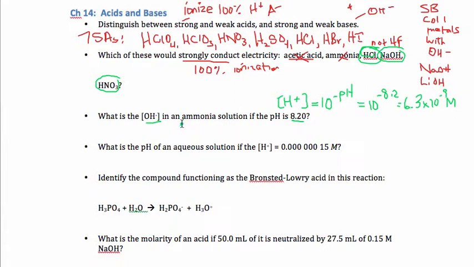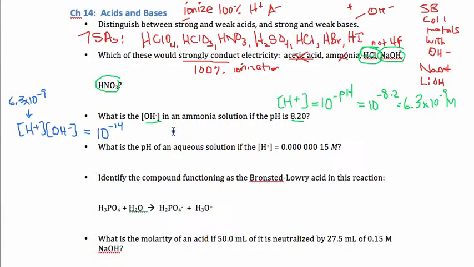Now, how do I get hydroxide if I know H+? There's a relationship that you need to finish this problem, and that is the fact that in water, the hydrogen ion concentration times the hydroxide concentration is always 10 to the minus 14. It's a constant. This is called the autoprotolysis of water. I just figured out that H plus is 6.3 times 10 to the minus 9.